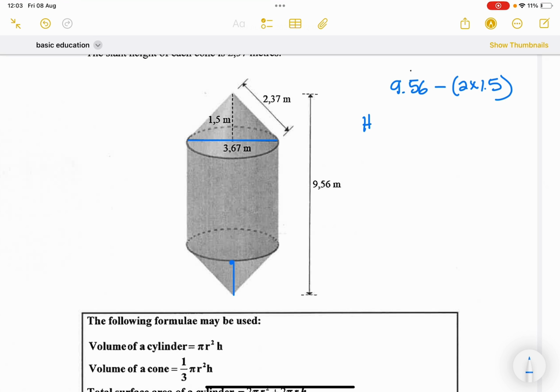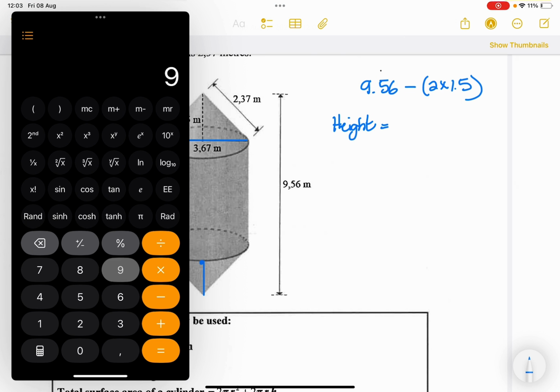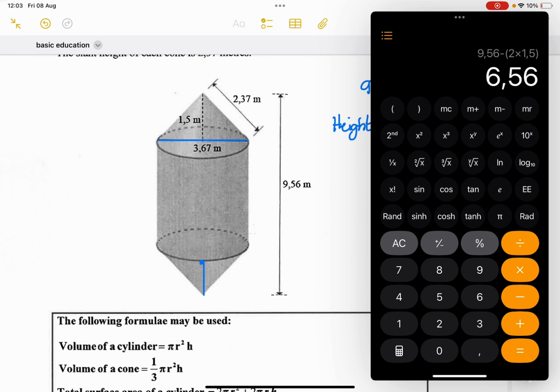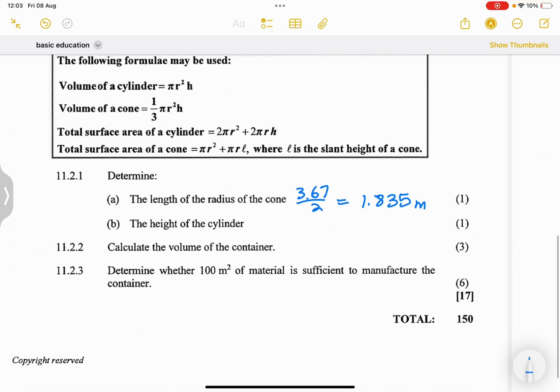And so the height of the cylinder would be 9.56 minus 2 times 1.5. Okay, and we get 6.56 meters. I'm sure we're going to be requiring to use that in just a few.